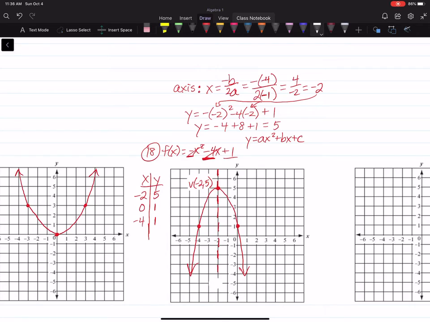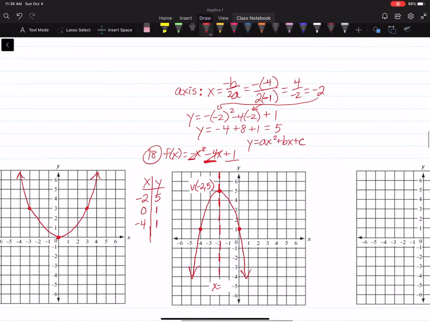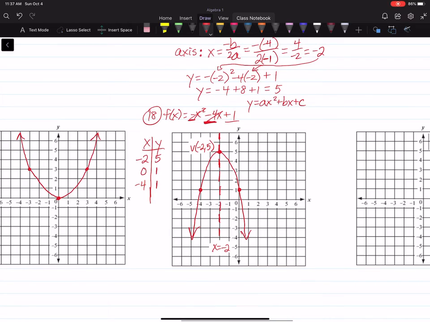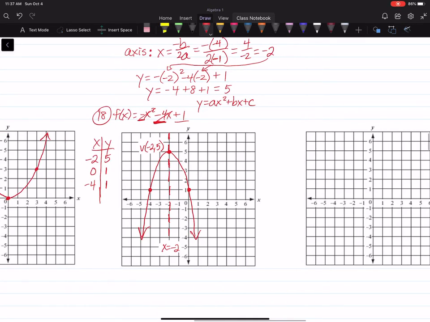My axis of symmetry is x equals negative 2. It's always the x part of your vertex. So you got your vertex, negative 2, 5, and axis of symmetry, x equals negative 2.